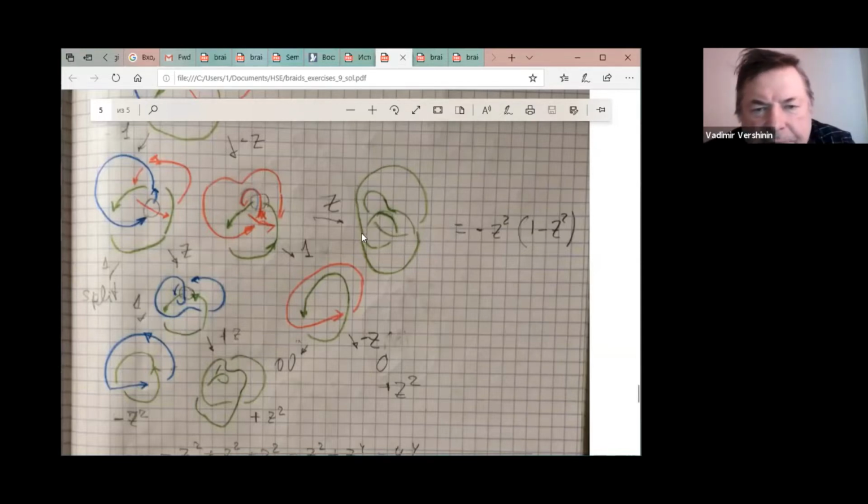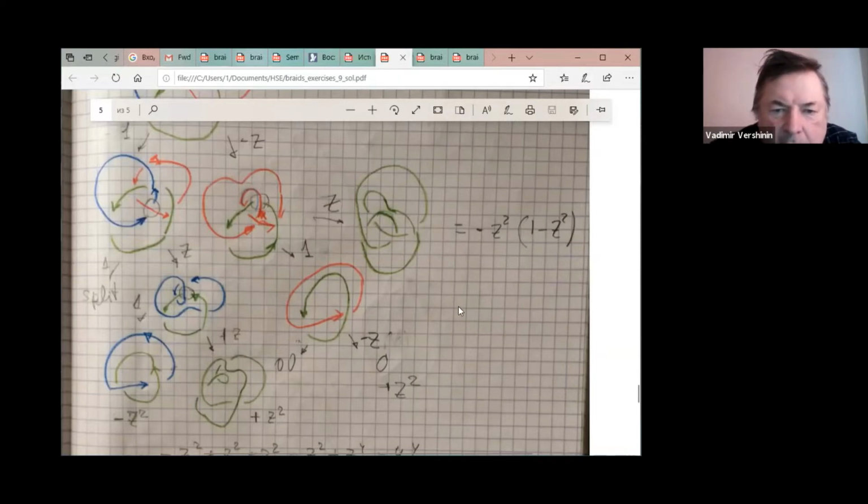This is definitely the figure 8 knot. So minus z squared multiplied by z, but here we are using our previous calculations. This is 1 minus z squared. So this will be the impact of this knot.